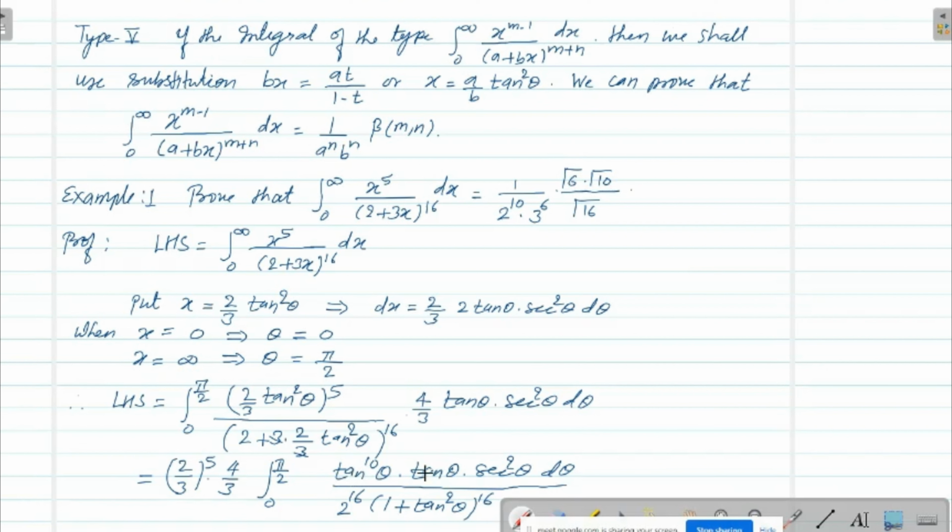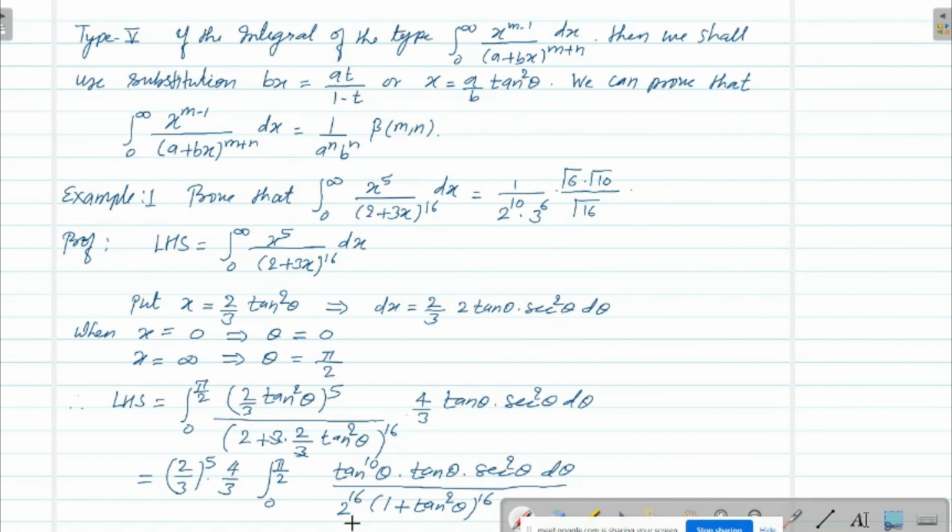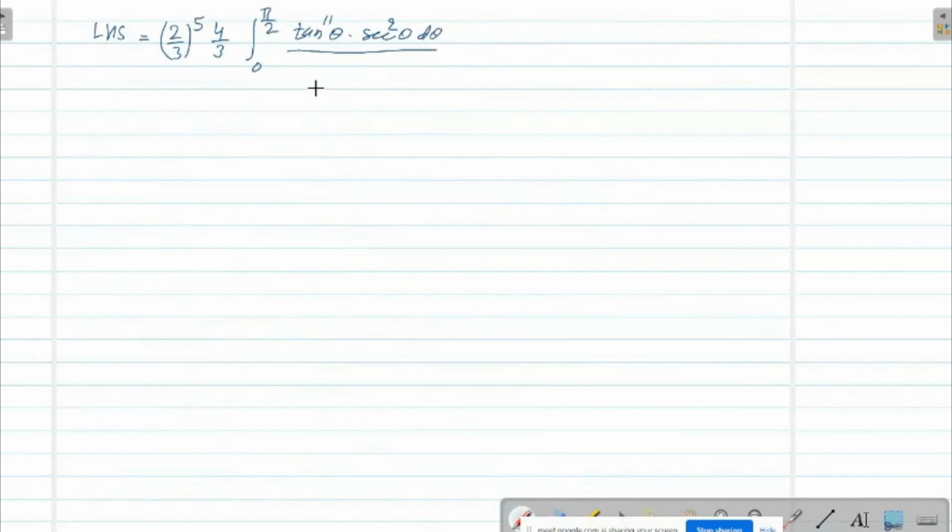This is 10 plus 1, 11. Base is the same, so 10 raised to 11 theta into sec square theta d theta, divided by 2 raised to 16.